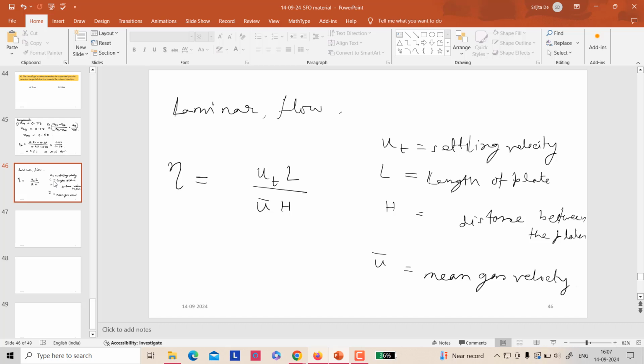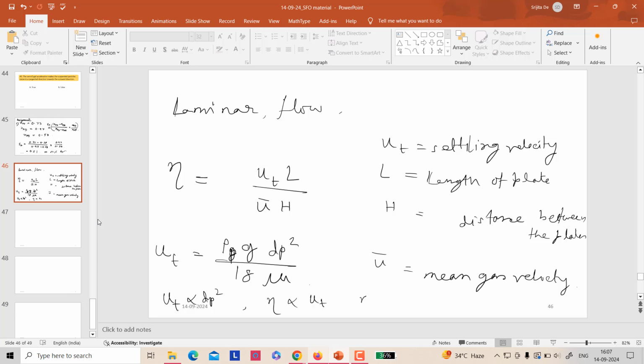Now UT, the settling velocity, we have derived in previous classes. It is rho p, the particle density, into gravitational acceleration, into dp square by 18 mu. So UT is proportional to dp square, and eta is proportional to UT.